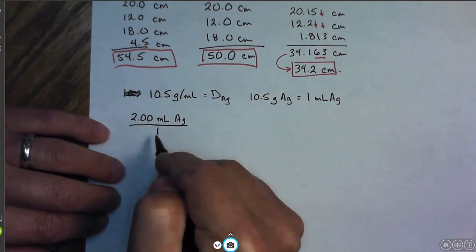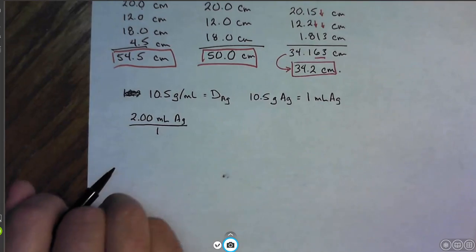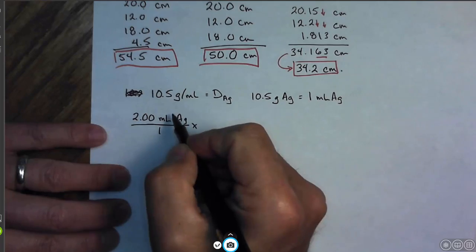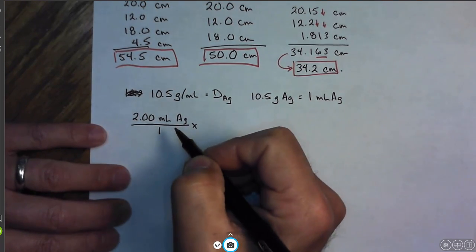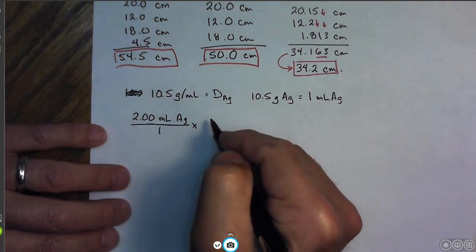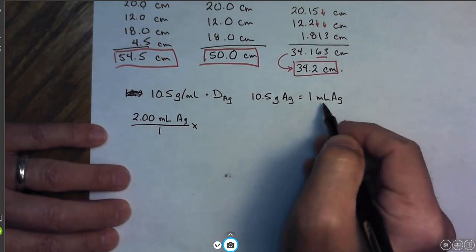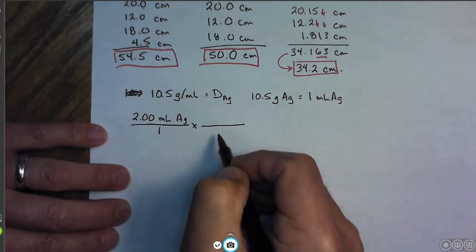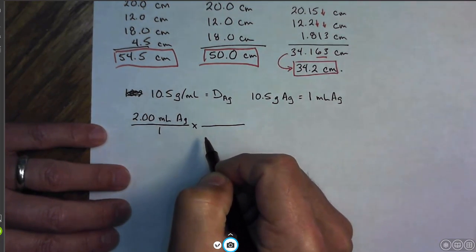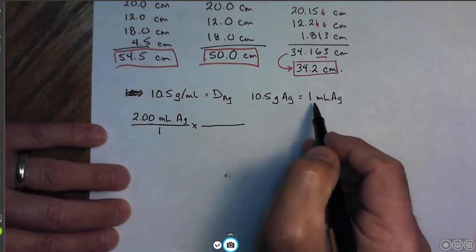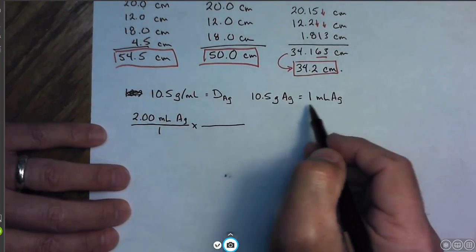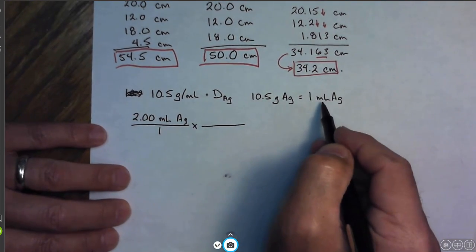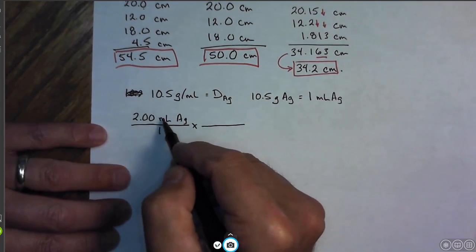I'm going to put that over 1, and the reason is I'm going to take this fraction here and turn it into a conversion unit or a conversion factor. Since I know this, I'm going to build a fraction here, and I want to put on the bottom of this fraction the matching measurement unit and everything that goes with it. This side is called an equality statement, and the right side here, in this case, has the same units of measurement as the starting amount I have on the top here.